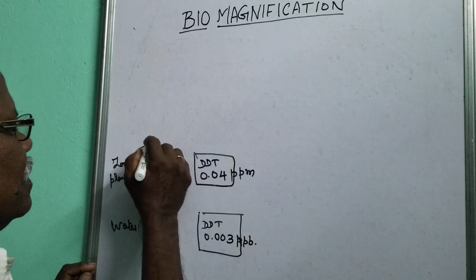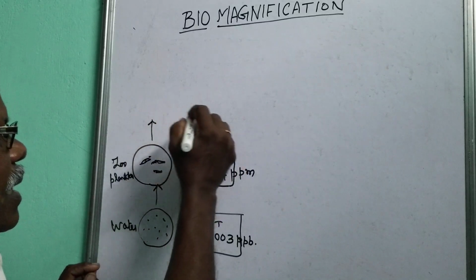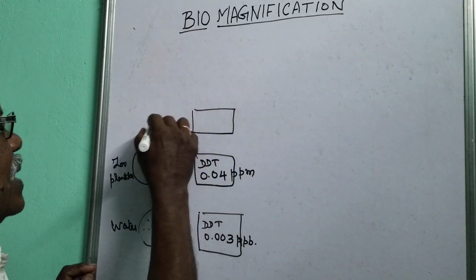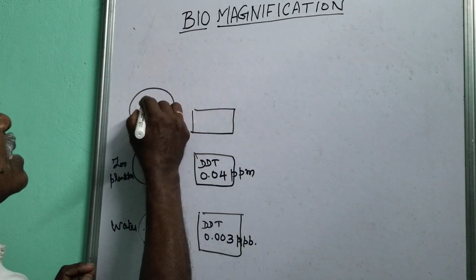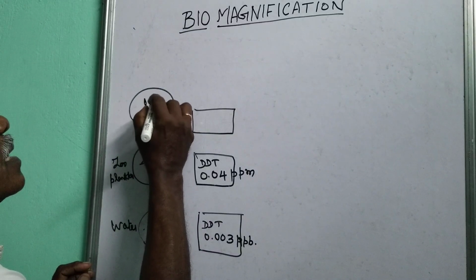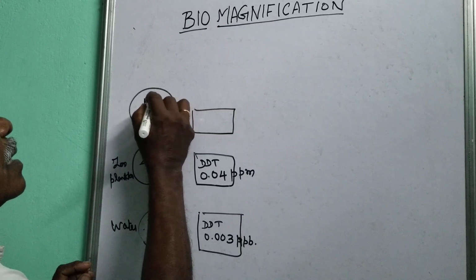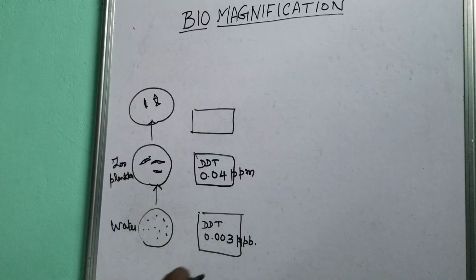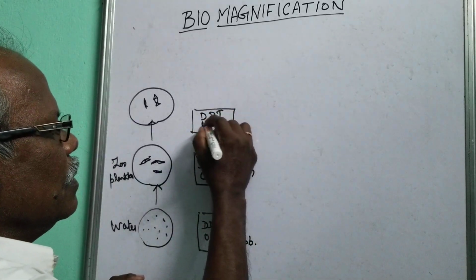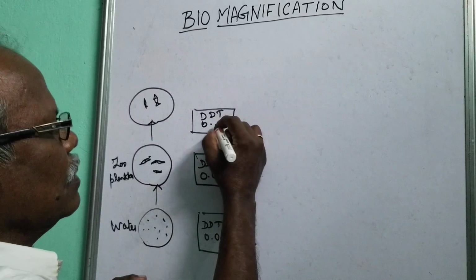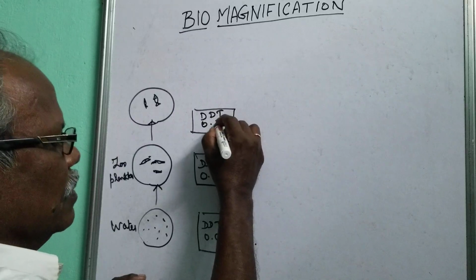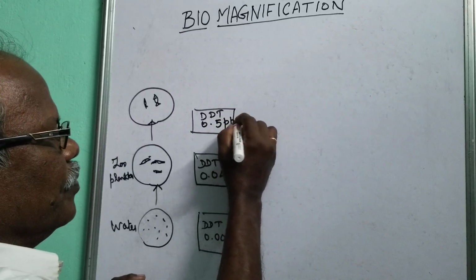Then the next stage is small fishes. In this, the DDT concentration is 0.5 ppm.